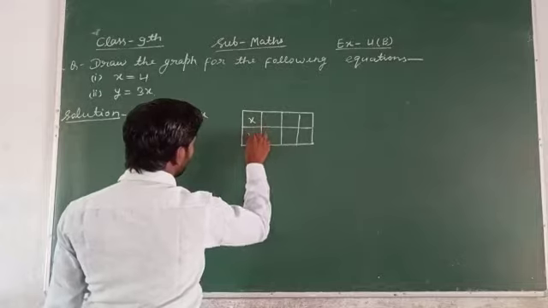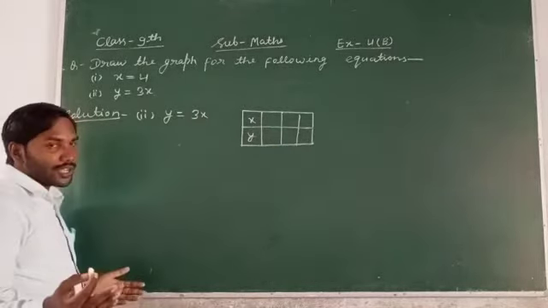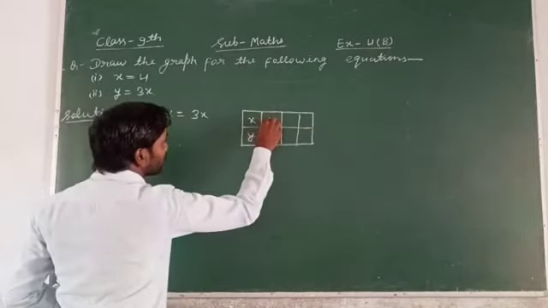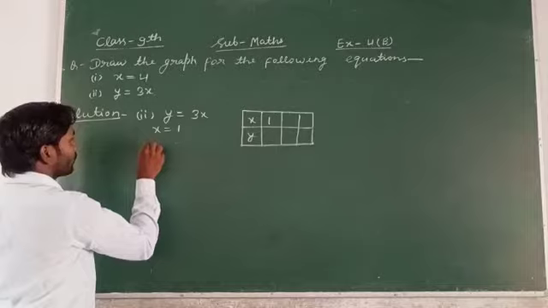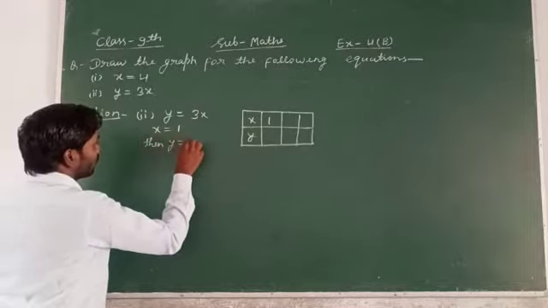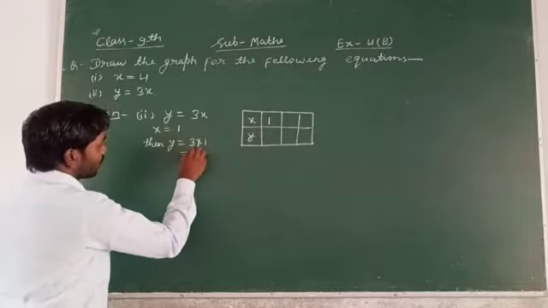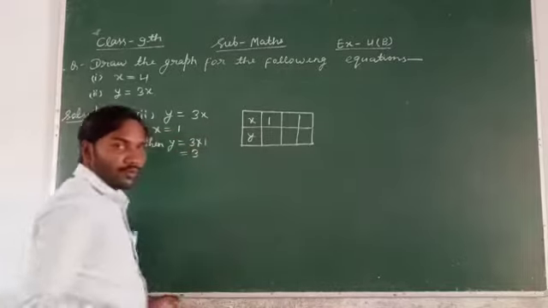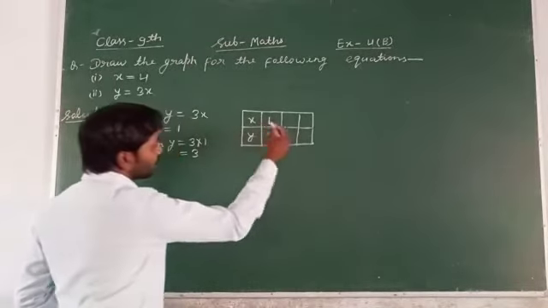This is x and here y. So let's put the value x is equal to 1. Means if x is equal to 1, then y is equal to 3 into 1. So 3 ones are 3. So when the value of x is 1, we get the value of y is equal to 3.